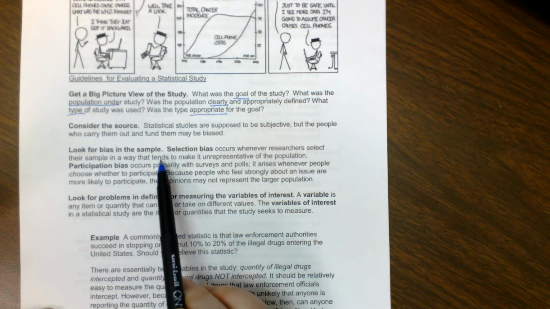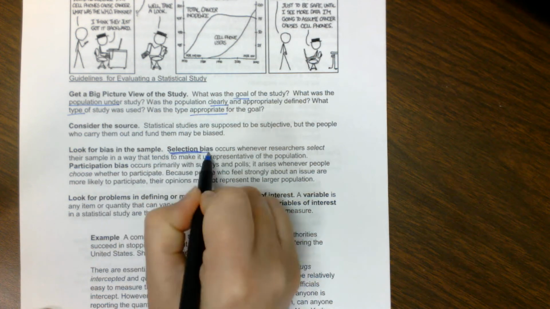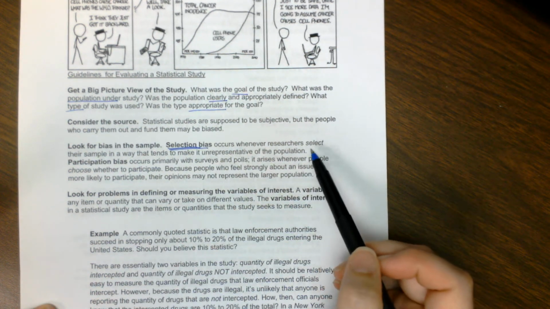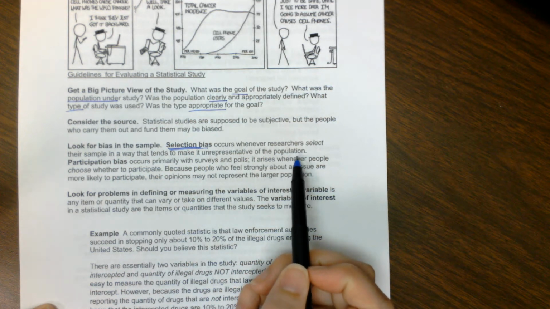Okay, so look for bias in the sample. So there's a couple different types of bias. There's selection bias, and that's when researchers select the sample in a way that tends to make it unrepresentative of the population.